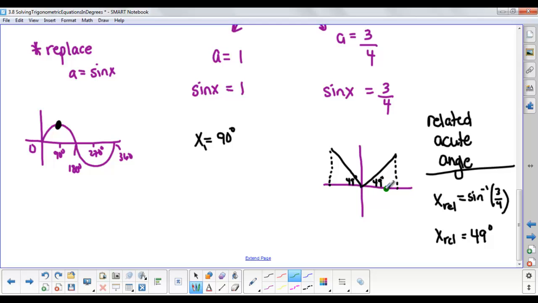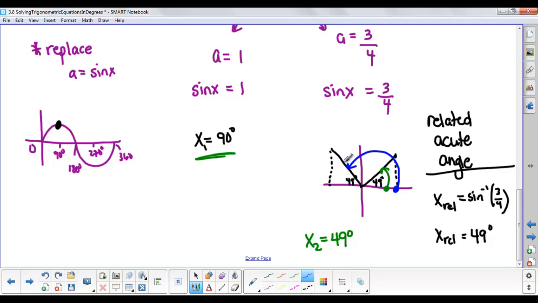So we'll start in standard position and rotate counterclockwise until we hit the first terminal arm. Another possible value for x would be 49 degrees, straight off this diagram here. Actually, I'm going to call that x2 because we found x1 over here, so this will be our second value for x. And then finally, start in standard position and rotate counterclockwise.